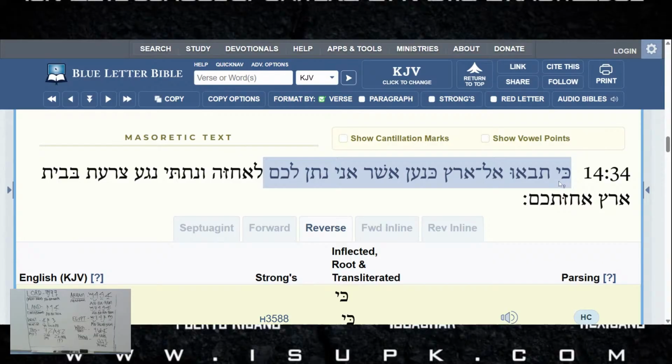So we're reading, let me do it in the words that we learned: for you come in, or when you come in unto the land of Canaan, which I gave to you. All right, that's what it's saying.